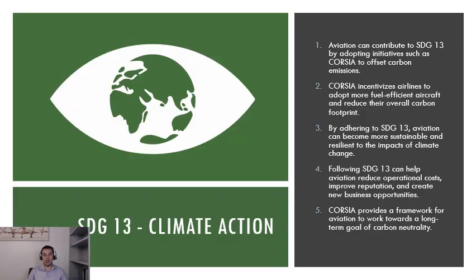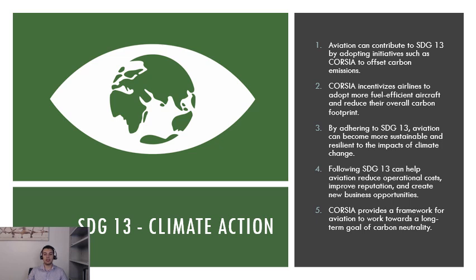SDG 13 aims to tackle climate change, and aviation can contribute to the goal by adopting initiatives such as the Carbon Offsetting and Reduction Scheme for International Aviation, or CORSIA, which incentivizes airlines to adopt more fuel-efficient aircraft and reduce their carbon footprint, which will help the aviation industry become more sustainable and resilient in the face of climate change.